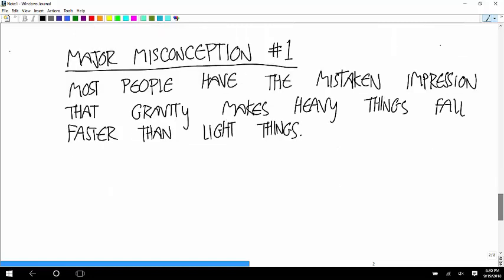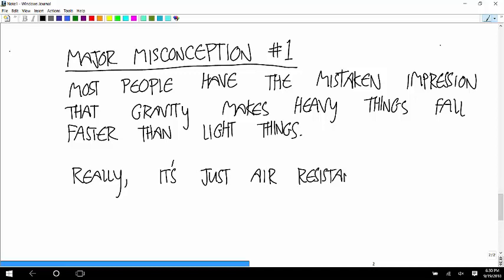What really is the case is that it's just air effects or air resistance that makes some objects fall differently than others.